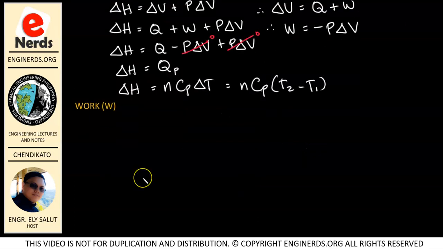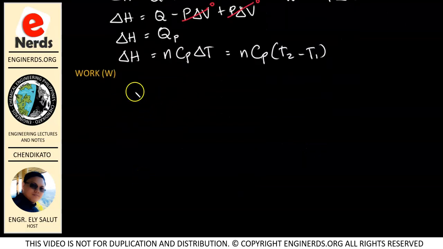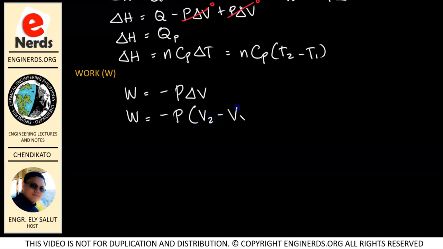And now let's go to work. As we have shown earlier, our work is equal to negative P delta V, which we could also write as negative P (V2 minus V1). So we could use this already in finding the value of work.